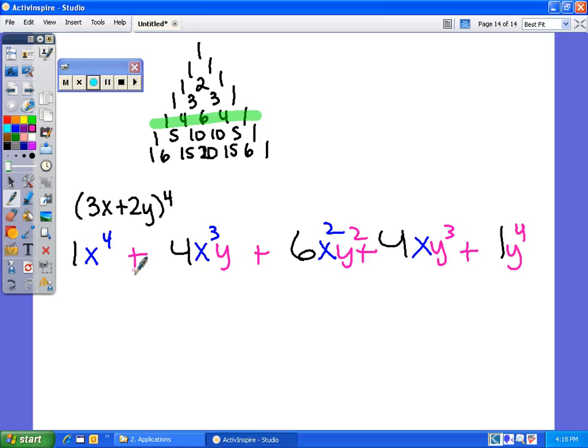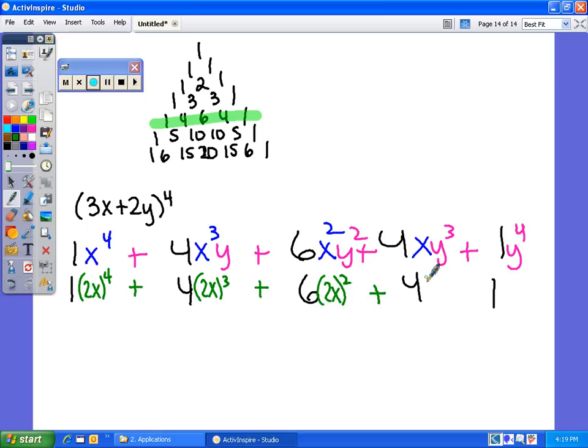So now I'm going to replace everywhere I have an x with 3x. So let me first write out my coefficients. So now instead of having x, I'm going to have 2x to the fourth, and 2x to the third, and 2x squared, then 2x, and then I don't need 1 at the end.